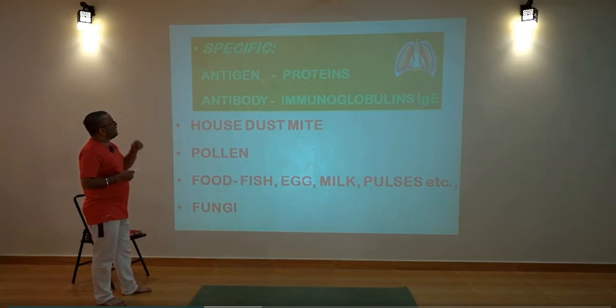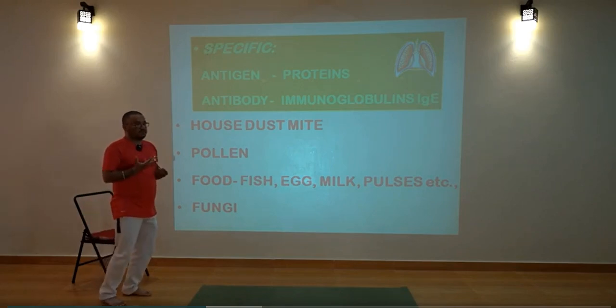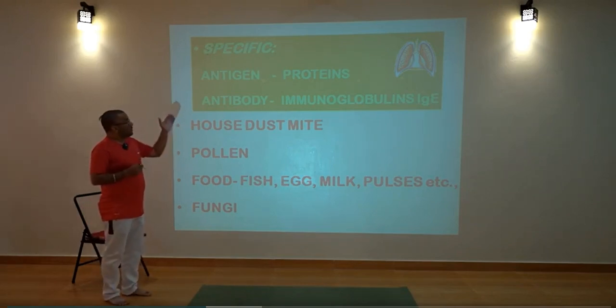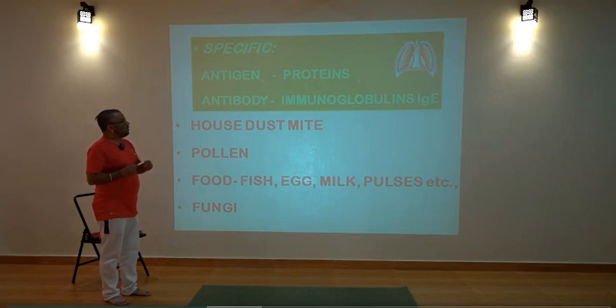Specific is some antigens, proteins, antibodies and immunoglobulins. So this is with the internal system of the body, sometimes with some antigens of different types, and proteins, and antibodies which develop inside the body, and immunoglobulins, that is IgE.